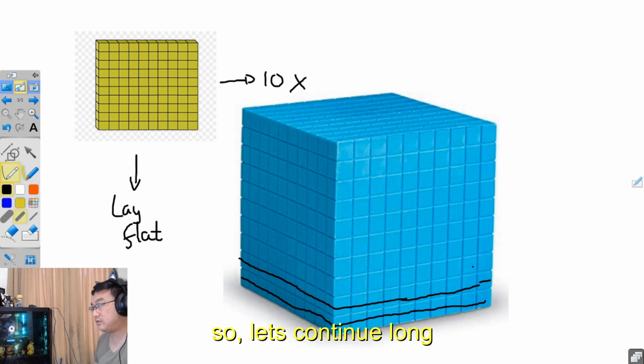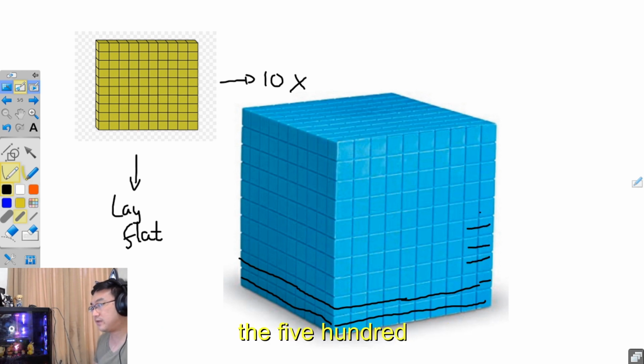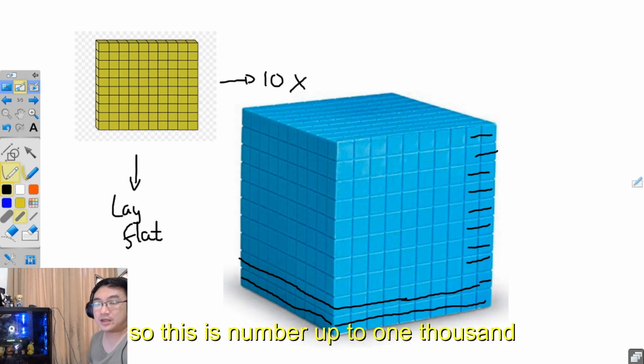So let's continue along. This will be the 300, the 400, the 500, 600, 700, 800, 900, and 1000. Yeah, up to this point. Did you get it?